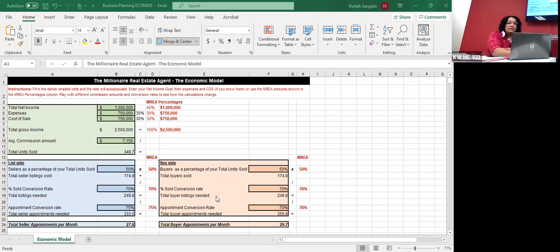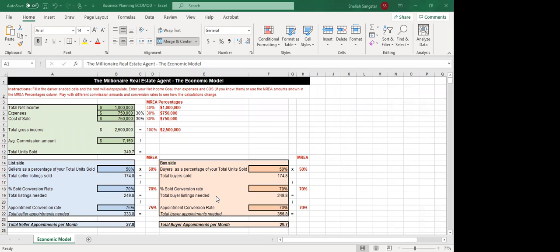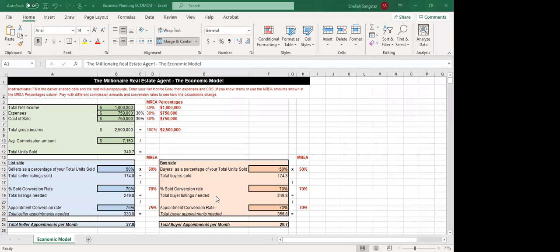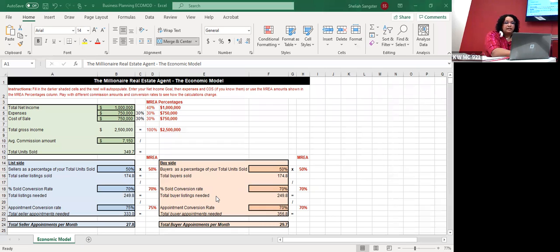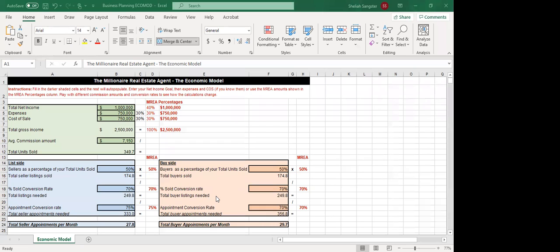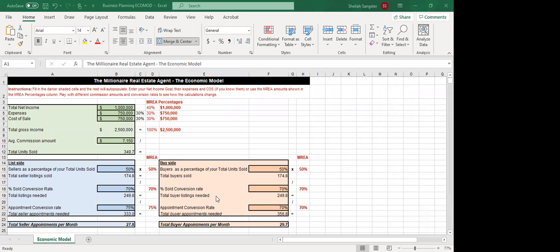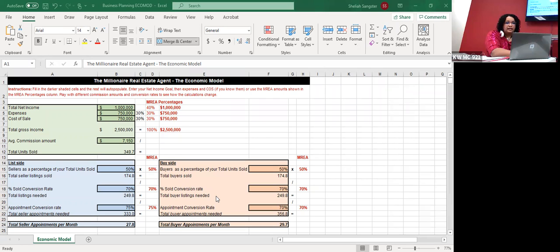You don't have to manually do all of this calculation yourself. It's already in here for you. All the calculations auto-populate based on the information that you put in the green box. As agents wanting to grow to millionaire real estate agents, you just put in your goal here to net 1 million, sorry.